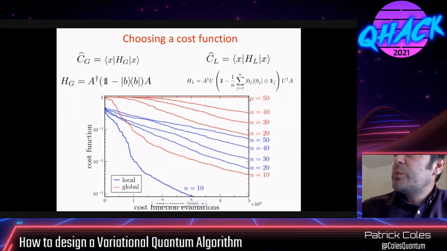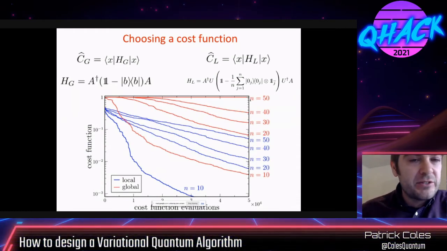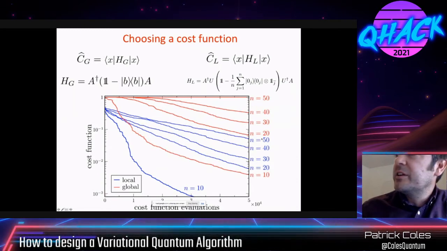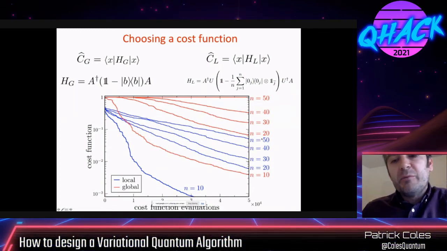So we went back and formulated a local cost function instead. And sure enough, with the local cost function we got trainability all the way up to 50 qubits, which is the largest that we tried. So we are advocating for our local cost here.